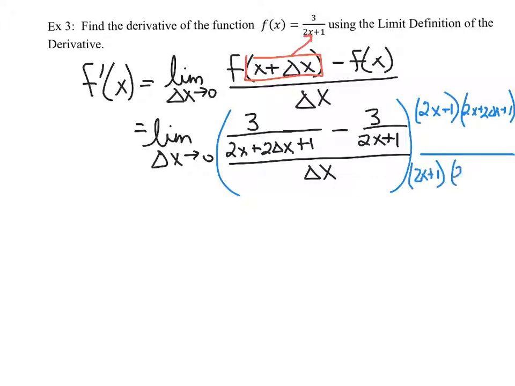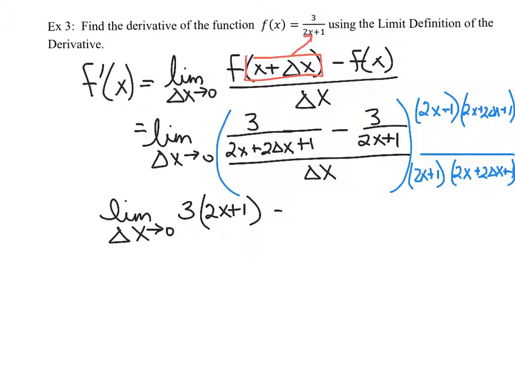I'm hoping for cancellation in the numerator. And in the denominator, I do end up with this factor. So for my first fraction, still I'm going to keep my limit as delta x approaches 0. In the first fraction, the whole denominator cancels with the factor 2x plus 2 delta x plus 1. So I now have 3 that's going to be multiplied by 2x plus 1.